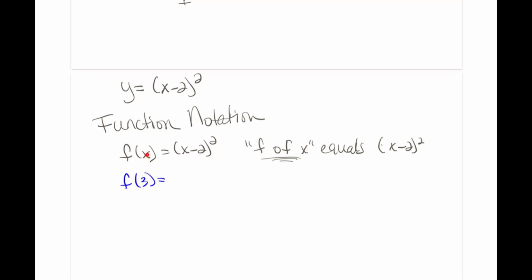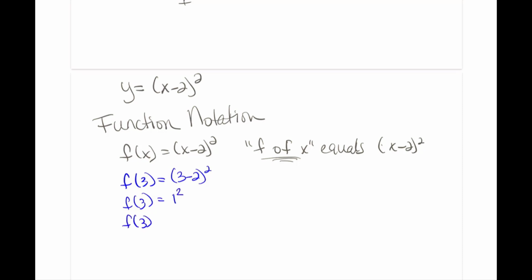And what do you think the 3 is going to go in for? That's our input, right? And our input is our x values. So wherever our x is, we're going to put in a 3. So we're going to have (3 minus 2) squared. So this is just going to say f of 3 equals 1 squared.